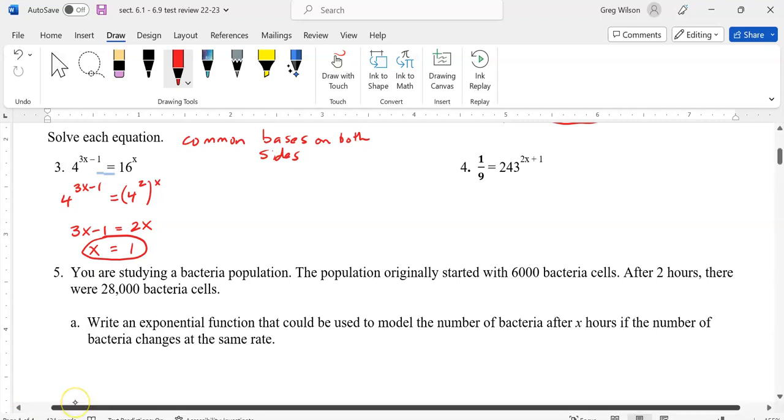All right, number 4, the common base that I'm going to use to represent 1/9 and 243 is 3. So 3 to the negative 2 is the same thing as 1/9. And 3 to the 5th is 243.